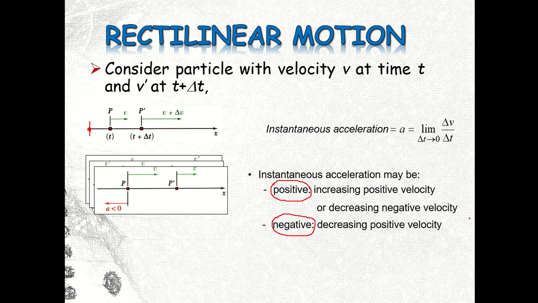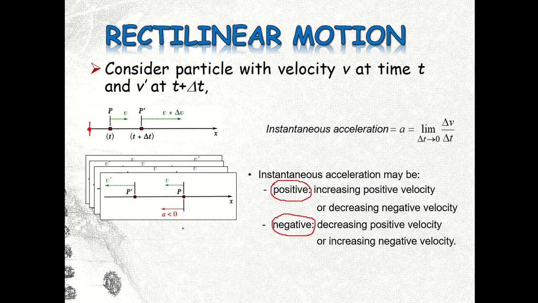Another possible scenario is that it is directed to the left, but the velocity is increasing. Originally this is a shorter arrow, and then this is a longer arrow. So it is increasing, but it is directed towards the left. In this case, the acceleration is also negative. All right, so remember these two concepts, class. This is very important when we speak of instantaneous acceleration.